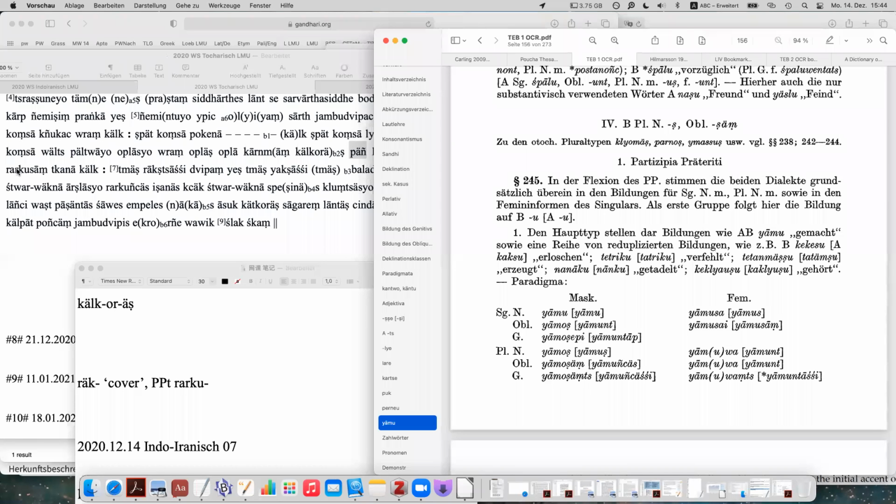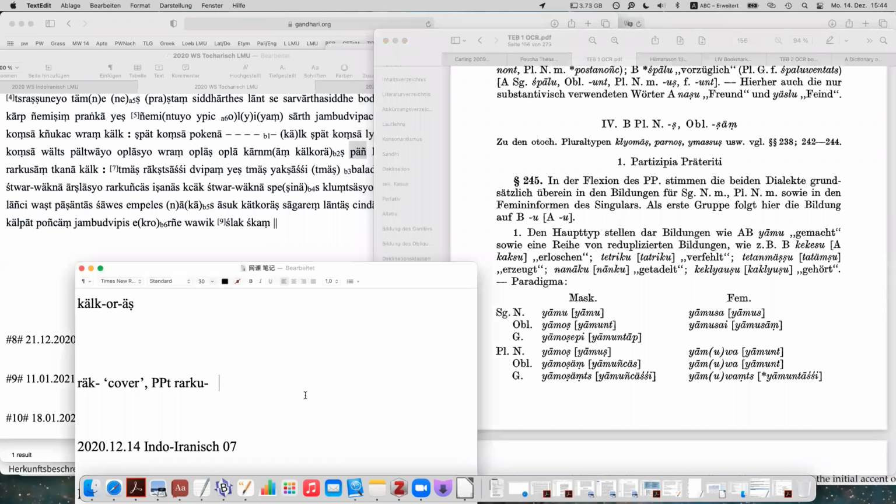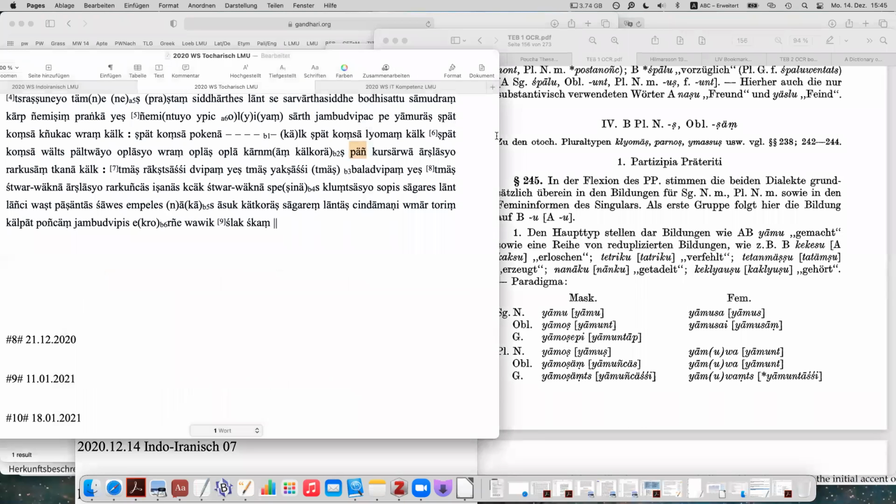So this is the reason why we have larkusang here. So in feminine accusative, it's called larkusang. And it is constructed with the word for ground. So he actually walked on the ground covered by the snakes for 5 miles.